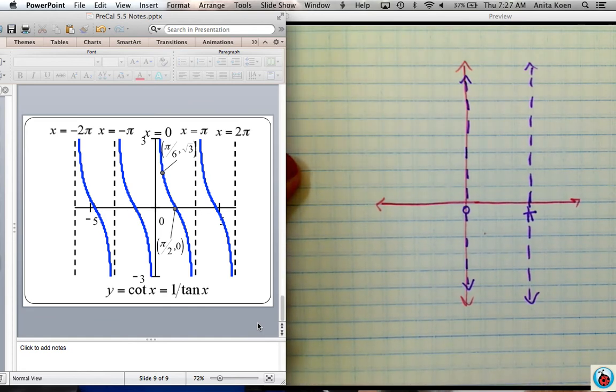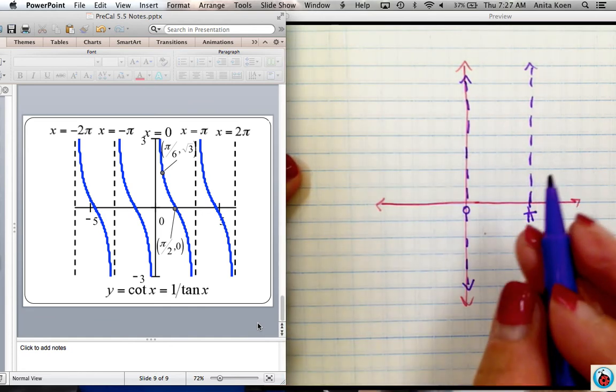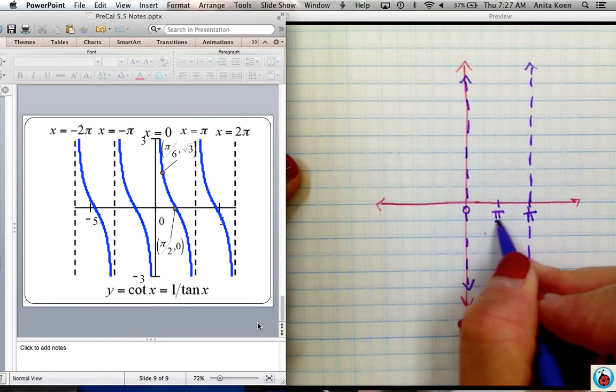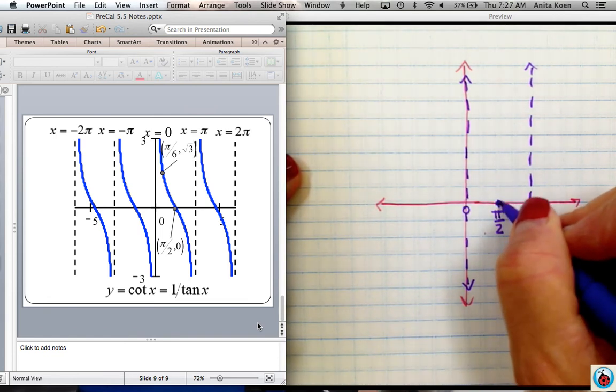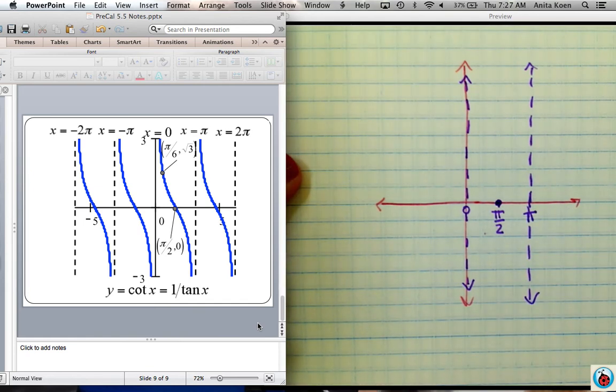And then we have pi over 2 here in the middle. And the cotangent of pi over 2 is the cosine over the sine, which would be 0, because the cosine is 0 at pi over 2, and the sine is 1, so that would be 0.